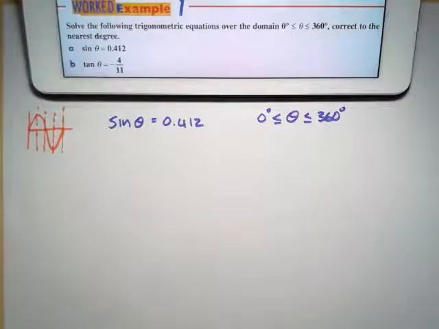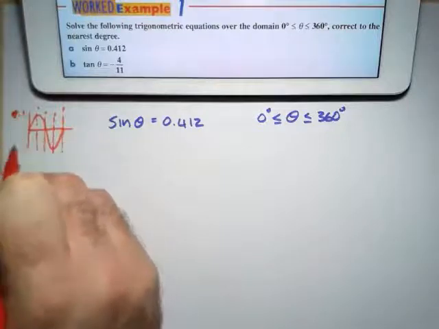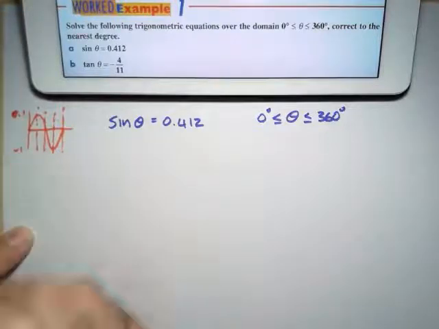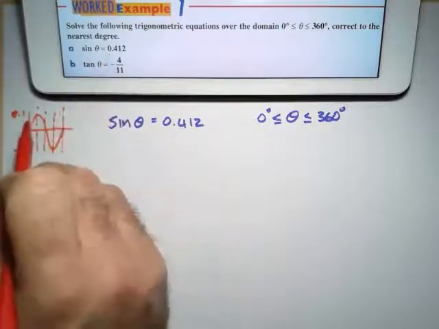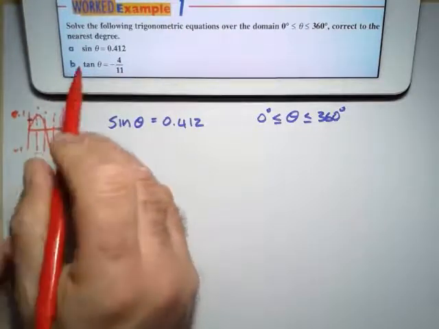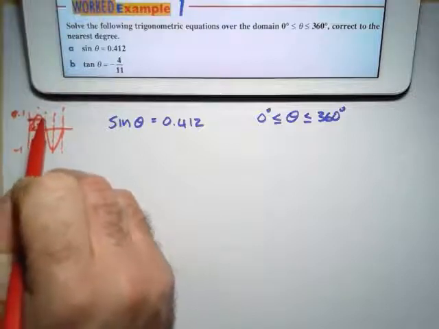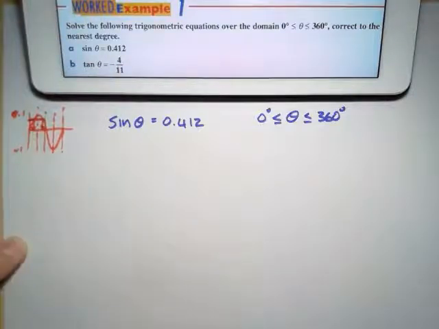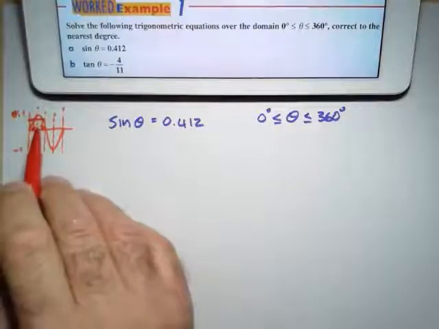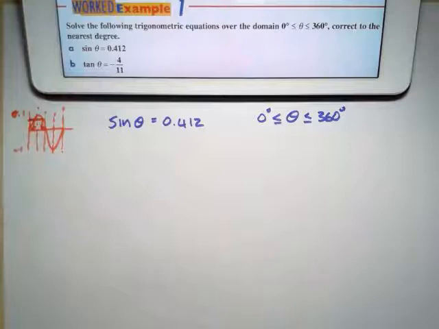The maximum value here is 1 and the minimum is minus 1, so 0.412 is somewhere down here. If I ask where's sine of theta 0.412, I'm going to have two answers, in there and in there. There's two answers because it can happen in the first or the second quadrant.